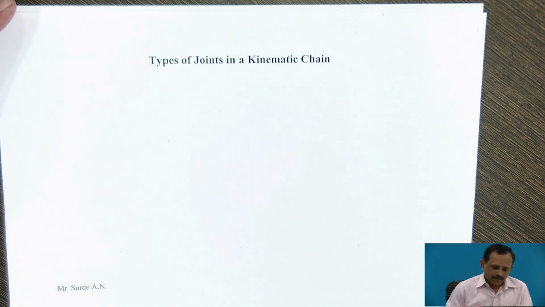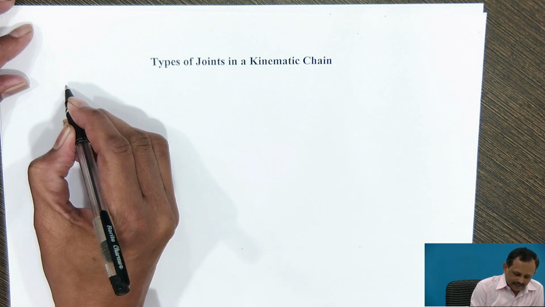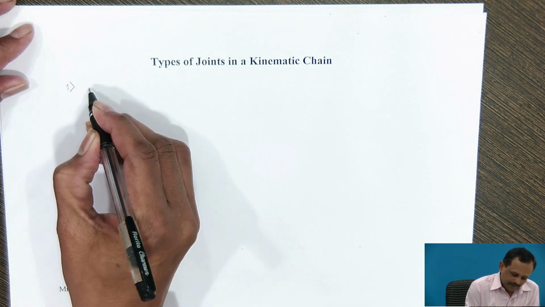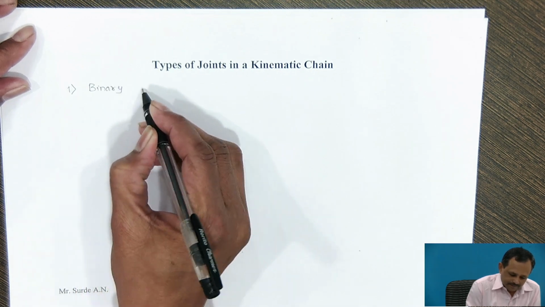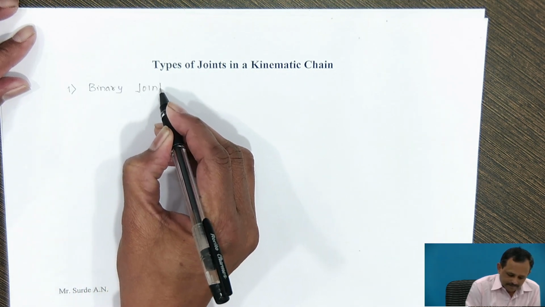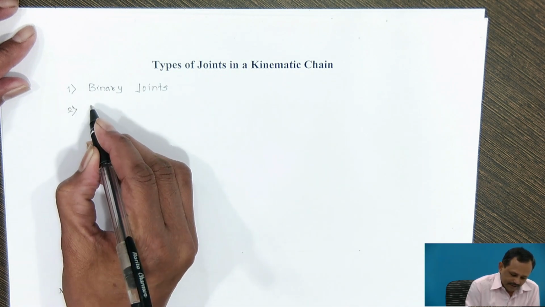The types of joints in kinematic chains are as follows. The first one is binary joints. Second, ternary joints.